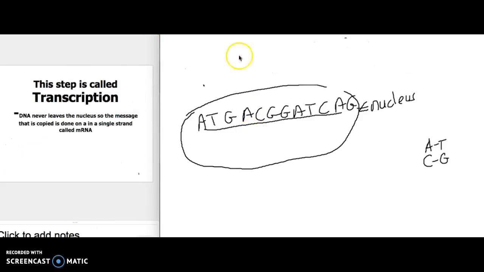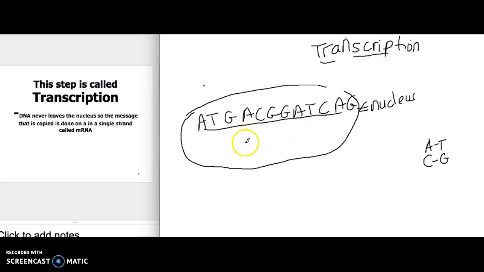This step is also called transcription. I'm going to write that here. Transcription. To transcribe, or to scribe, is basically to write.